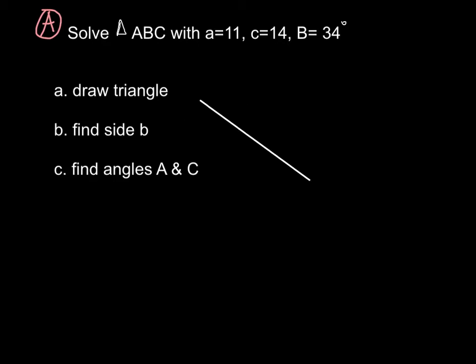So we have one leg, a second leg, and a third leg, and we should label our A, B, and C, in which B is 34 degrees, A is 11, and C is 14.